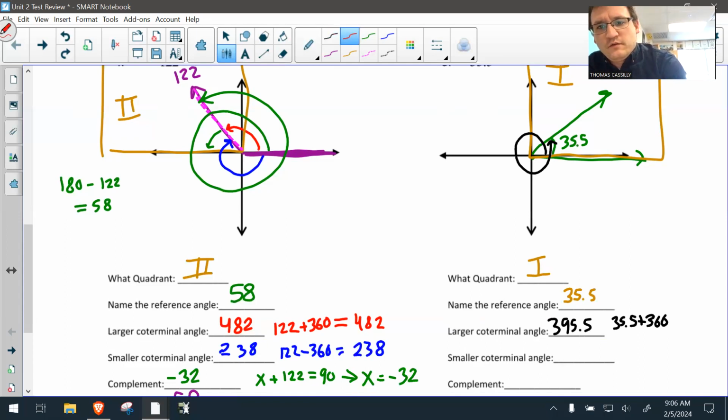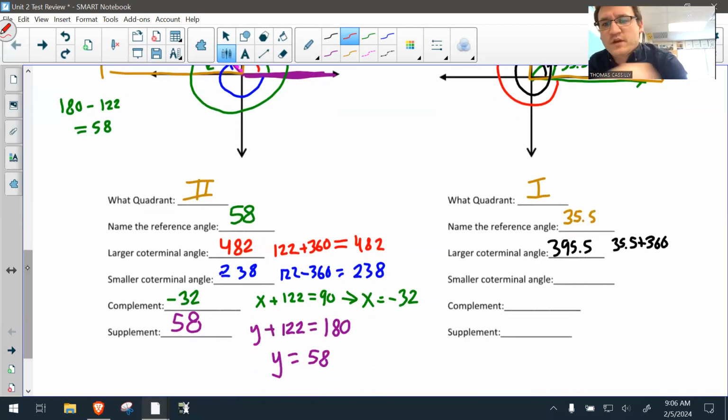Smaller coterminal angle: we're going backwards, just spinning around backwards. So 35.5 minus 360. That will be a negative number. What is that negative number? I don't know. Negative 324.5. Again, double check me on that, but I think it's negative 324.5.